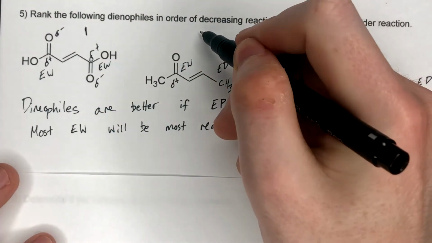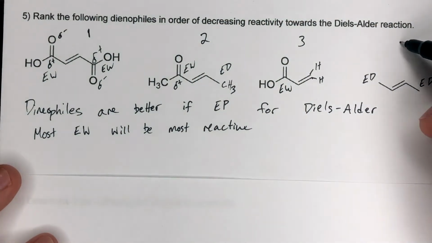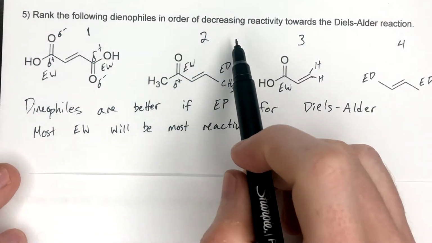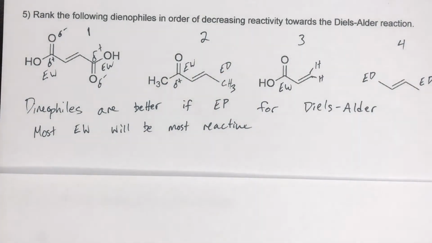So let's label these molecules in order, left to right, 1, 2, 3, and 4. We are asked to go in order of decreasing reactivity towards the Diels-Alder, so most reactive first, and then in decreasing order.